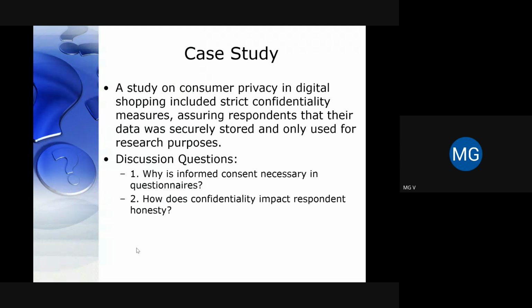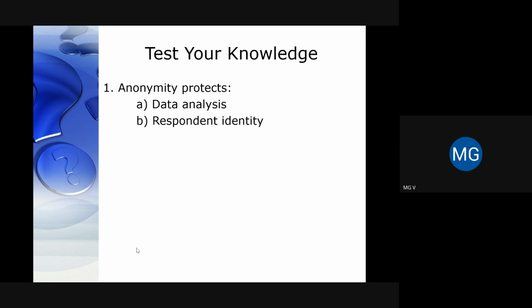Like you introduce yourself, I am a scholar for so and so study with so and so university, this is your year of study, and this is the study you have undertaken, and provide assurance that their privacy will be maintained, and their identity will not be disclosed, and other things I will share in detail in coming slides. Right? So anonymity protects respondent identity.